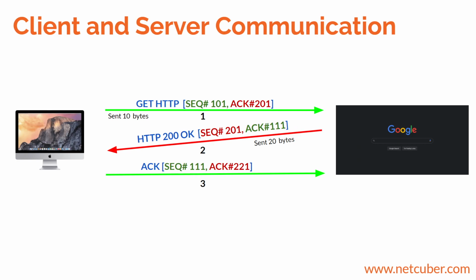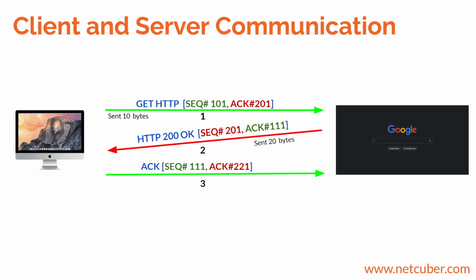And it's sending 10 bytes of data. So when the server is responding back, it's saying that okay, you have requested HTTP and I'm sending you HTTP 200, which is OK.